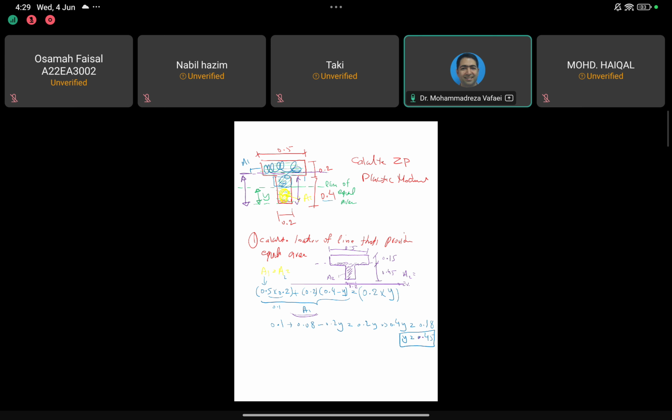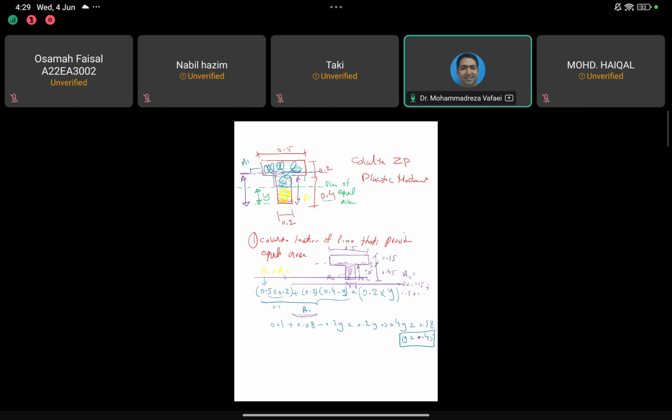0.2 multiplied by 0.45, which is the rectangle below, and also we have 0.5 multiplied by 0.005, because this one becomes 0.5. The height is 45, from here to here is 40, so that area becomes 0.5.